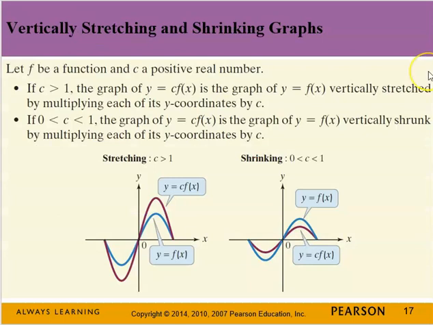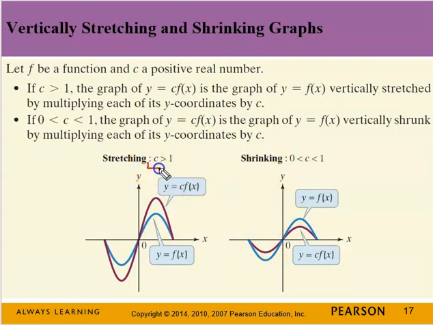More background information on vertically stretching and shrinking of graphs. As we look at this, we see the blue line was the original, and then this purplish red here is the stretching of that, while in this case, again, the blue line is the original, and then shrinking that blue line, and this is the illustration of it.